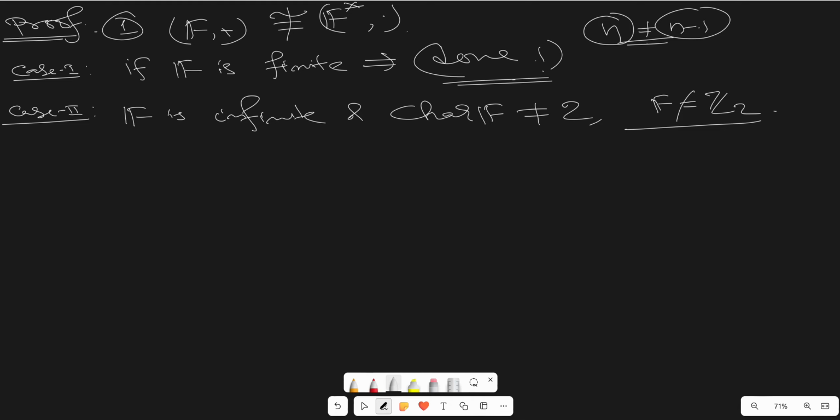How can we proceed for that? If F is an infinite field and the characteristic of F is not 2, how do we show that they are not isomorphic?